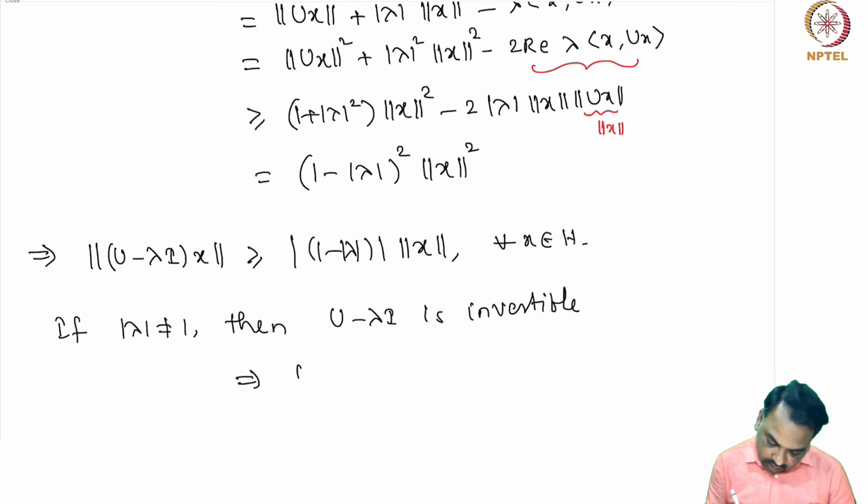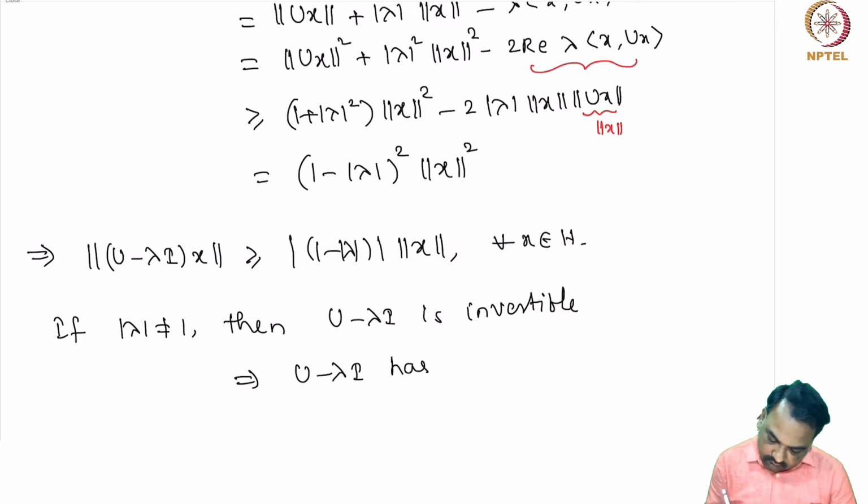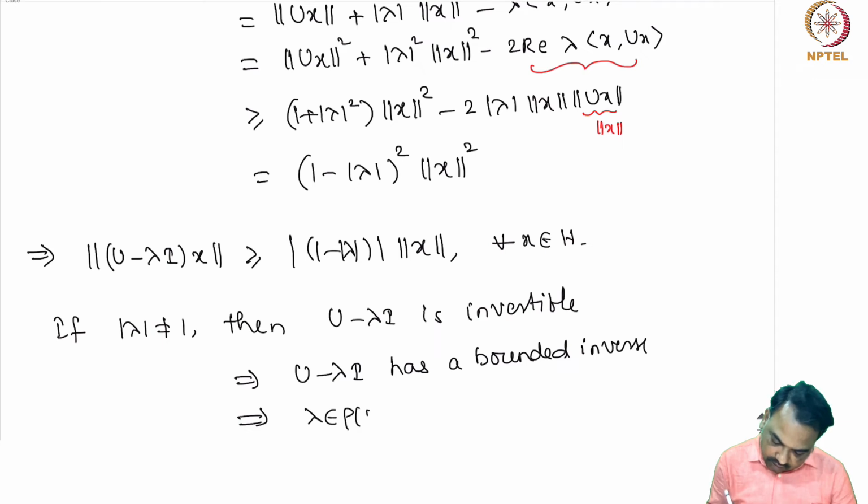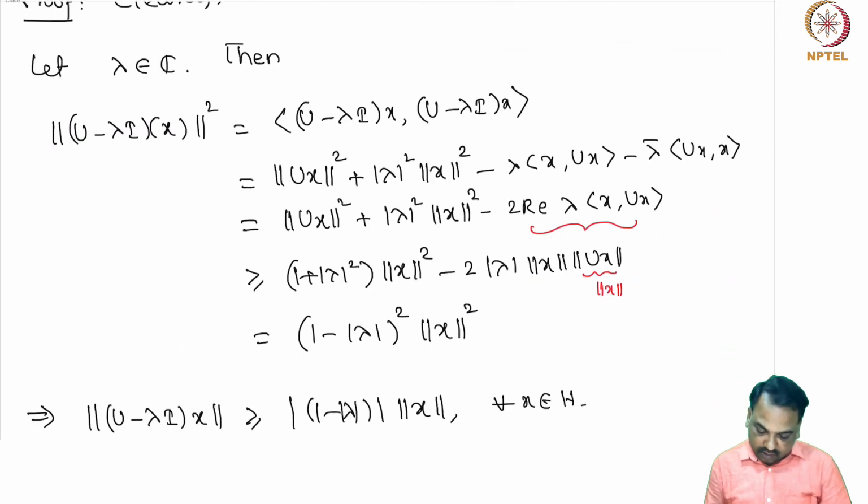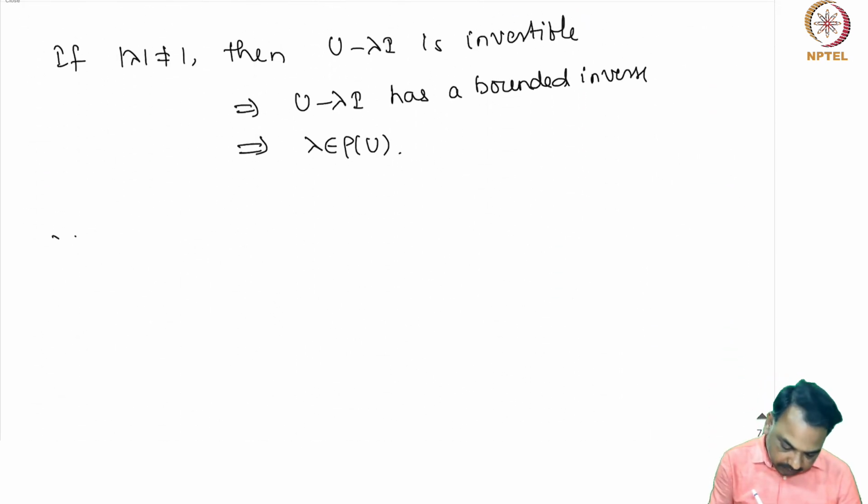So this implies U minus lambda has a bounded inverse. This implies lambda is in the resolvent. So from the earlier observation and this observation, we can conclude that spectrum of U is contained in the unit circle.